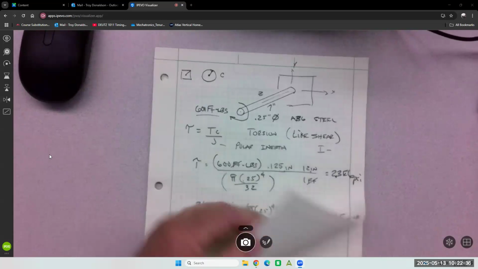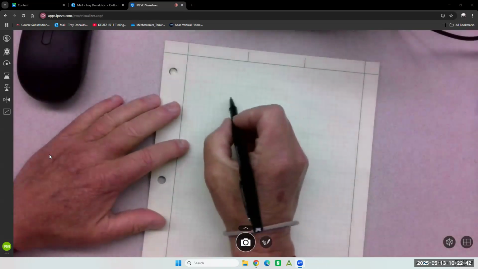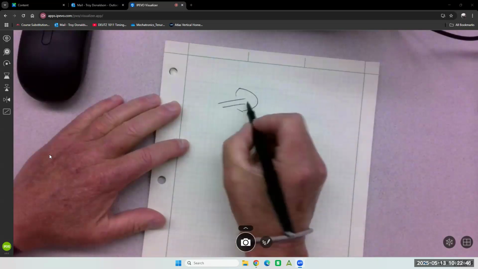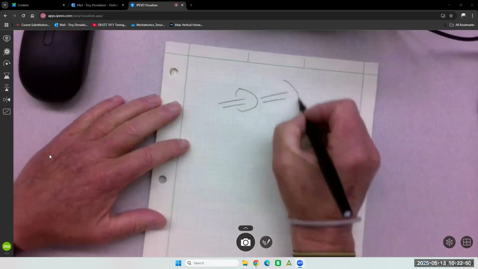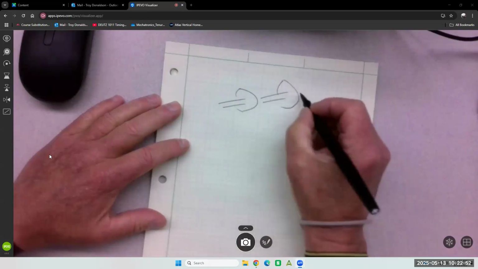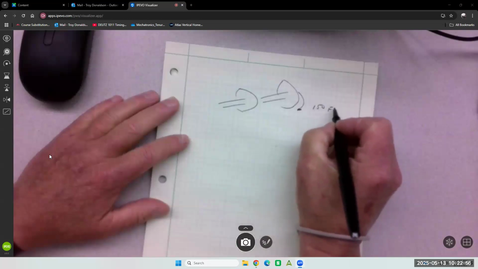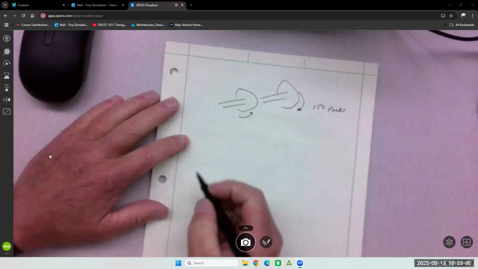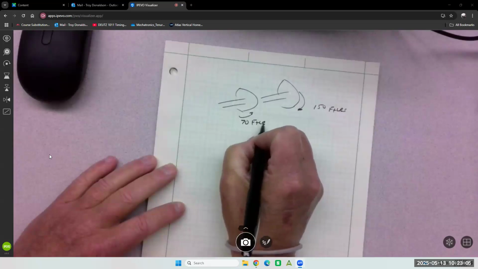Let's do another one. So we'll put a shaft and a couple pulleys. And we'll have 150 foot-pounds here. And then we'll have 70 foot-pounds here.